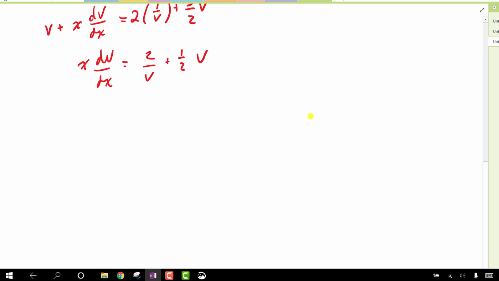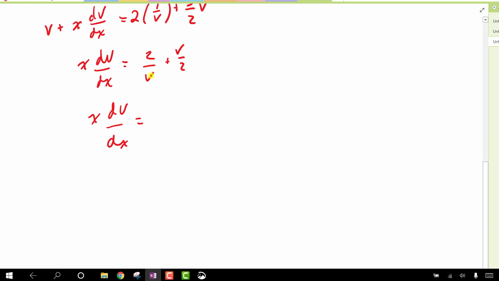Let's see, what else can we do? Let's combine these two as a single fraction. Remember, the purpose of this substitution is to give us a separable equation. If I want to add together these two fractions, it might be helpful to think of this as v over 2.